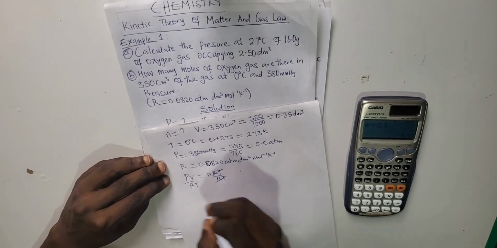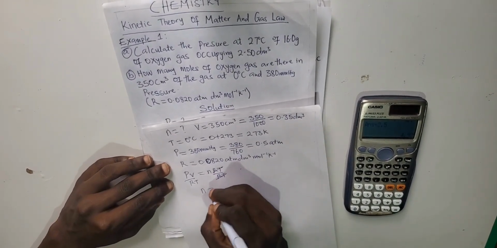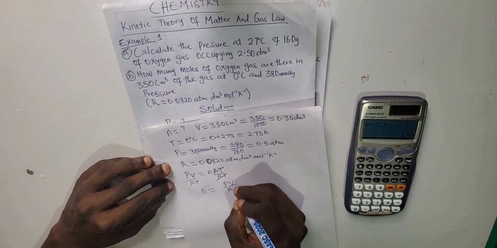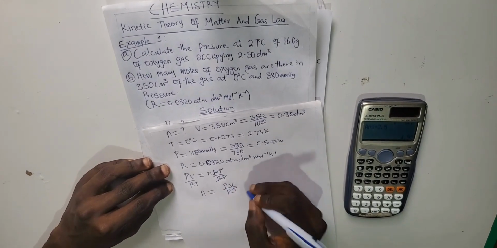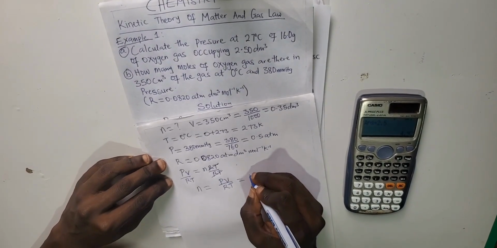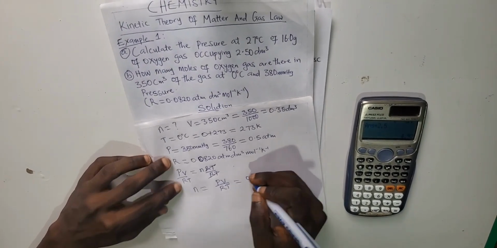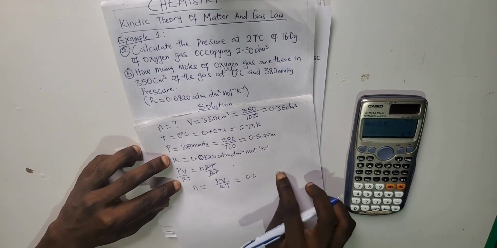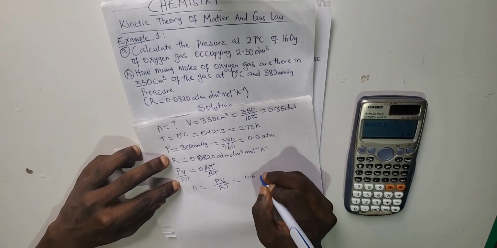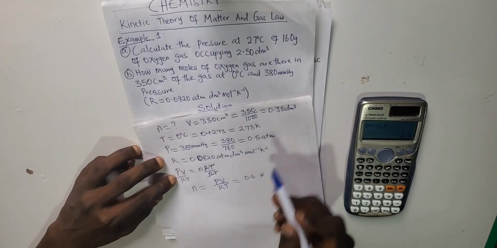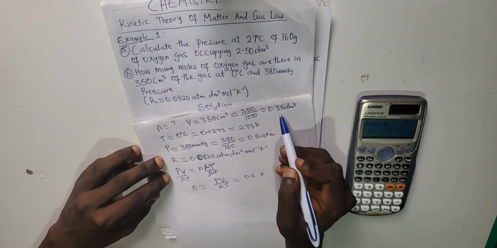So n, that is number of mole, equals PV over RT. So what is my P? That is pressure, 0.5 ATM, but I may decide to leave the unit for now because of space. 0.5 times the volume. What is the volume? The volume is 0.35 dm cube.